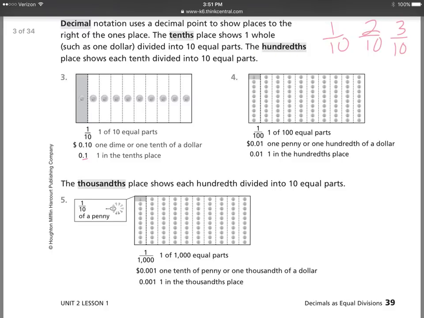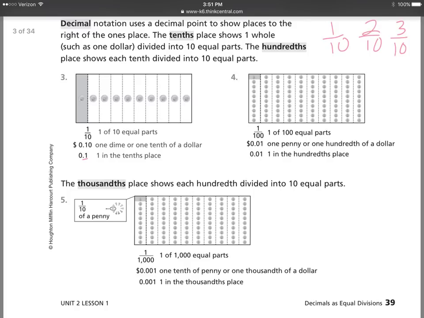The hundredths place shows each tenth divided into 10 equal parts. And you can see that right here where we took the exact same fraction bar cut into 10 equal parts, and instead of having 1 penny in this first part, we broke this penny up here into 10 equal parts. And now we have 100 total.